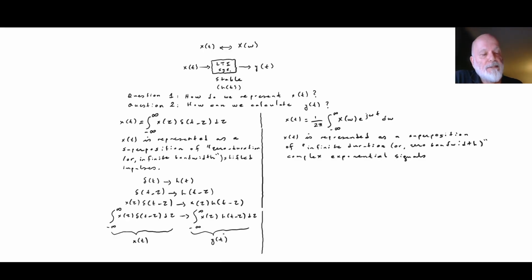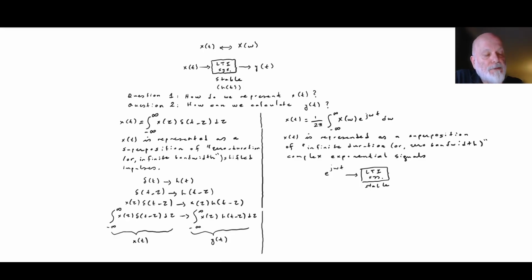Now, in the second case, when our signal is represented as a superposition of complex exponential signals, how do we evaluate the output if x of t is the input of our LTI system, which is also stable? Now, we use the fact that e to j omega t is the eigenfunction of an LTI system. Our LTI system is stable because we want the frequency response to exist.